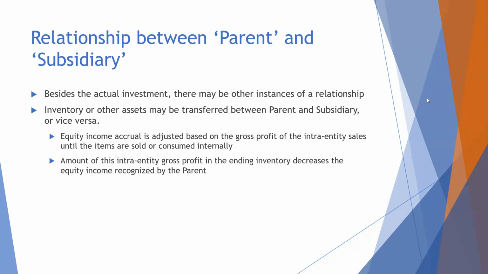And so equity income is adjusted based on that gross profit of the inter-entity sales. And they stay there until those items are further sold or consumed internally.